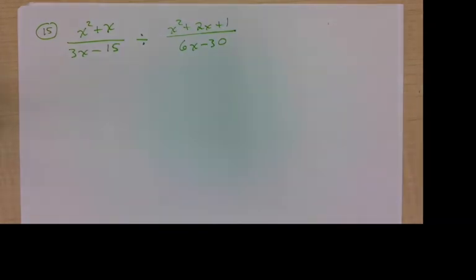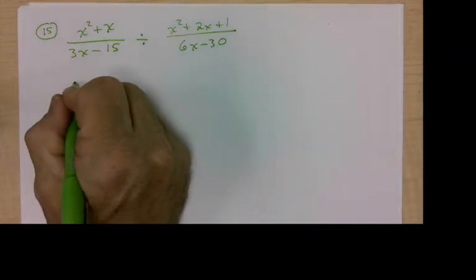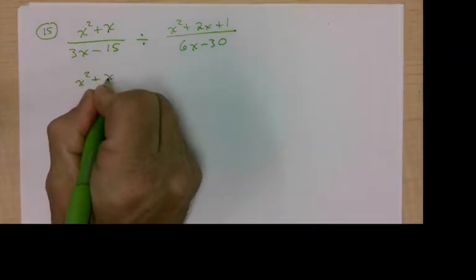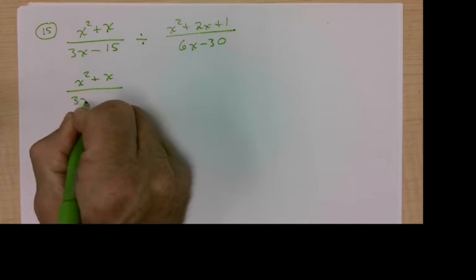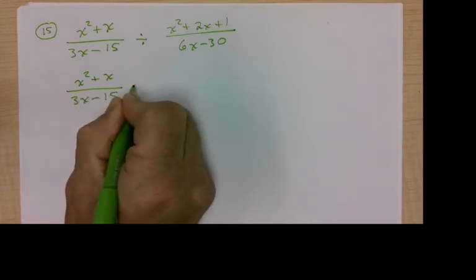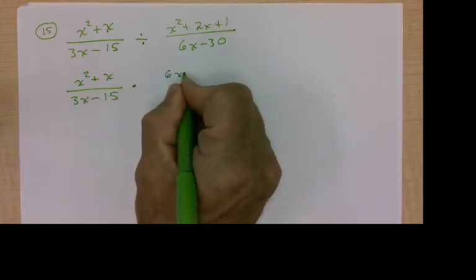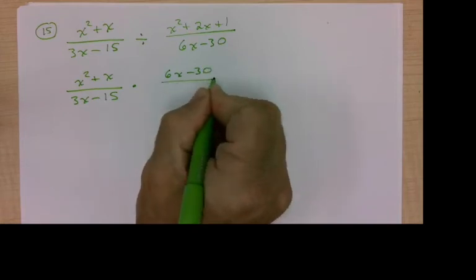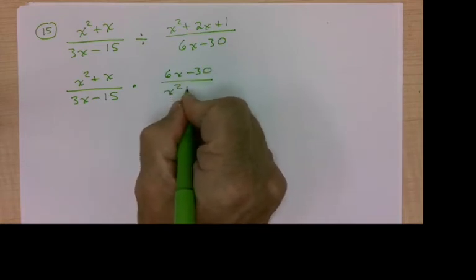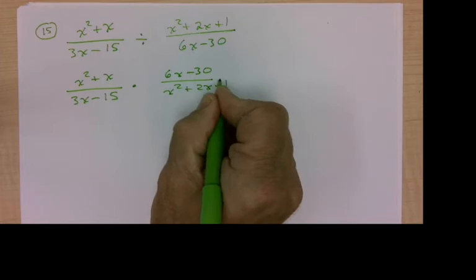So the first thing to do is to recognize if we're dividing, we need to invert and multiply. So we'll change this to x squared plus x over 3x minus 15 times 6x minus 30 over x squared plus 2x plus 1.